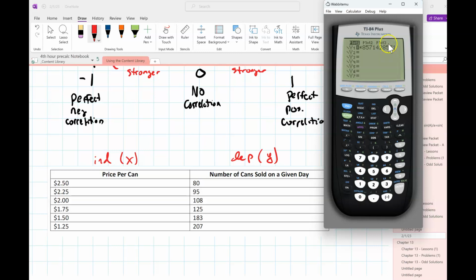You know what I'm saying? If I then hit graph, the calculator is going to add in that best fit line for me. So there's my data set with the best fit line on it. Cool, right? So that's how I can get my R value, and in addition, I also get the equation for the best fit line.